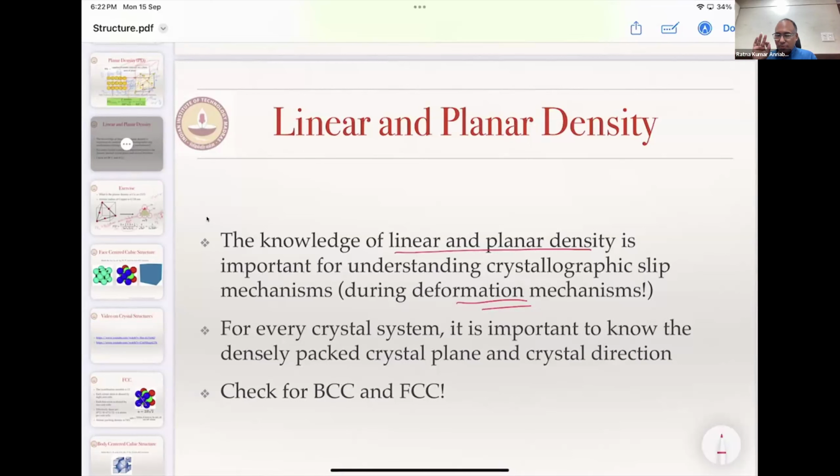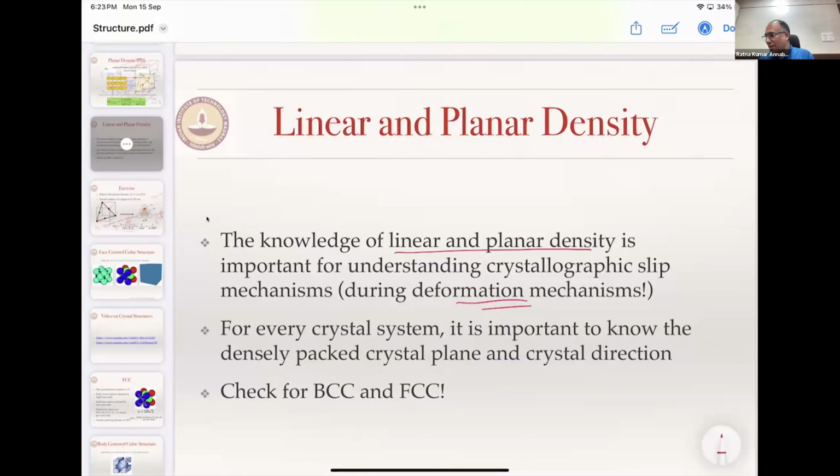What will be more interesting to know is which is the most closely packed plane in a crystal and what are the closely packed directions. In an FCC crystal, what is the most closely packed plane? 111. Closely packed direction? 110.